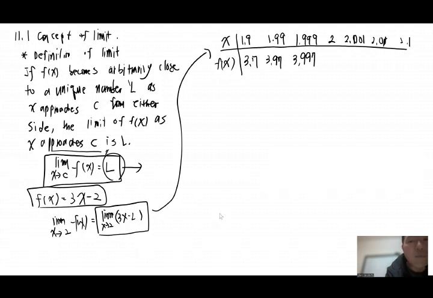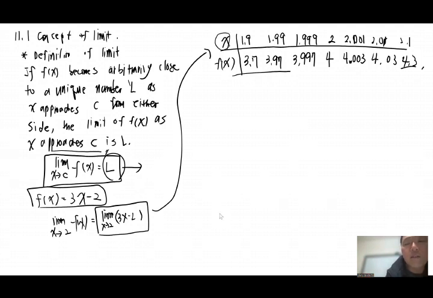And 2, if you plug that into f(x), becomes 4. 2.001 makes f(x) 4.003. 2.01 makes f(x) 4.03. 2.1 makes f(x) 4.3. So you can see the trend of f(x) in terms of the x value.